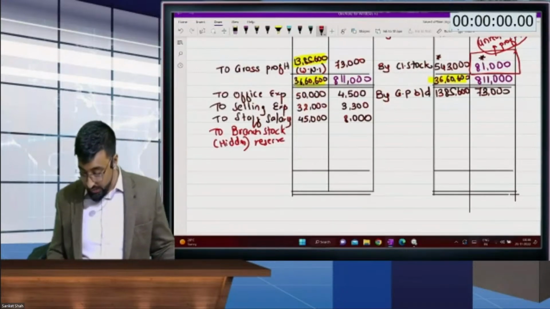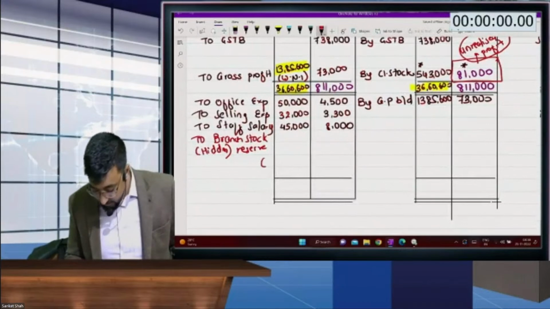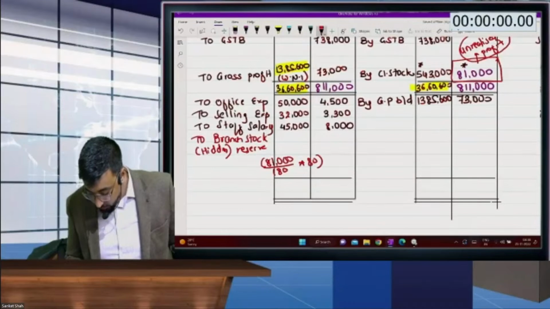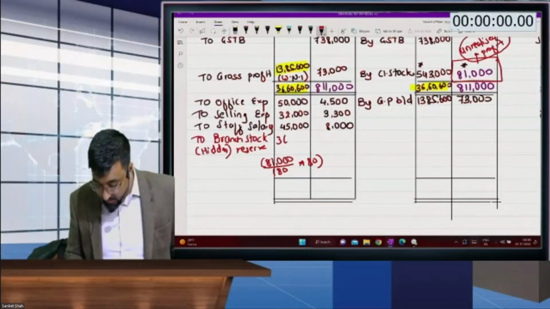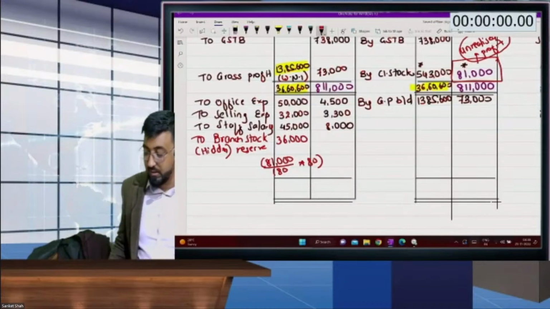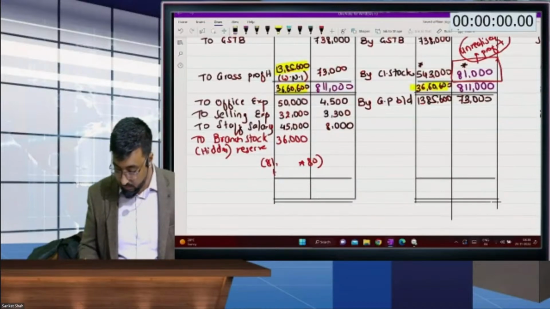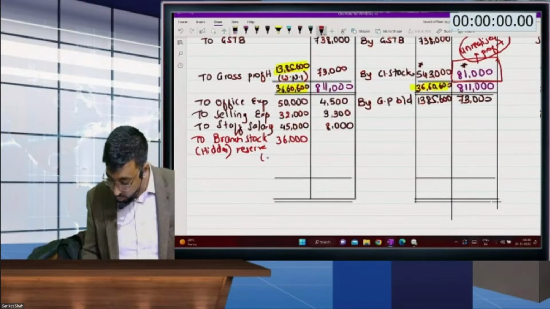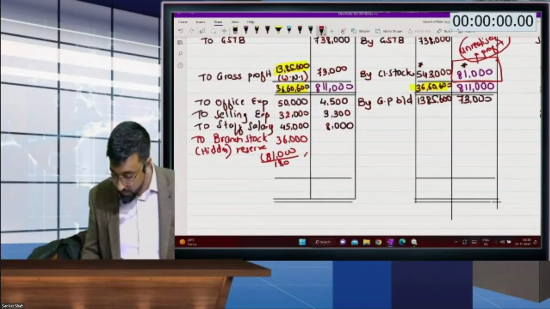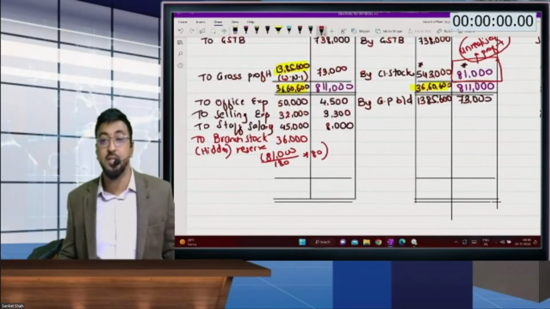And who is going to cancel it? Head office. 81,000 reflects for 180. So for 80, how much? So this is 36,000. This is a very, very important red pen adjustment. How you calculated: 81,000 divided by 180 into 80.